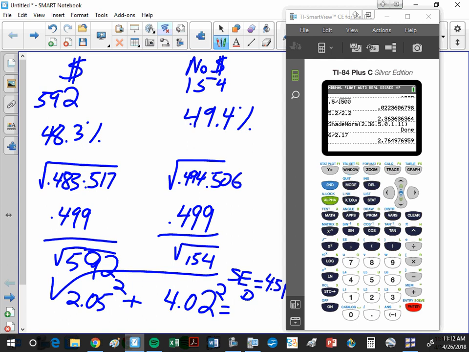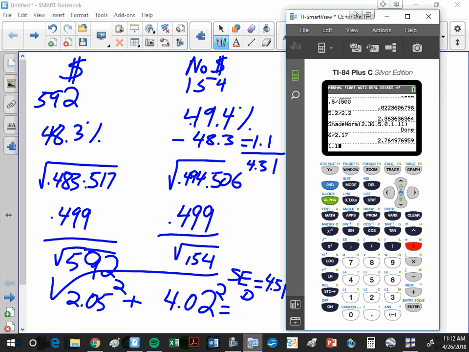So I'm going to take 49.4 minus 48.3, and I get 1.1, and I divide that by 4.51, and I get a z-score of 0.24, which means we accept the null, and we say the program didn't help.